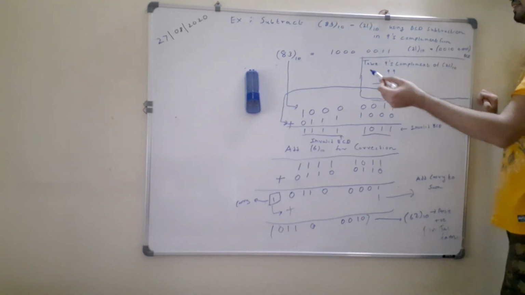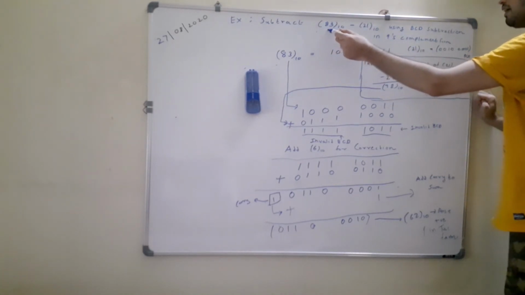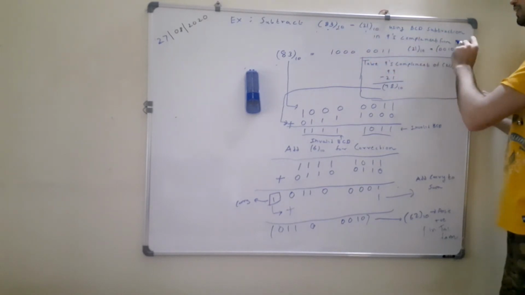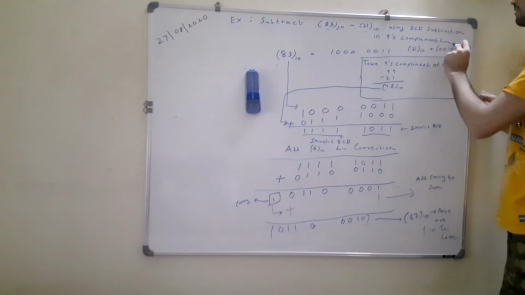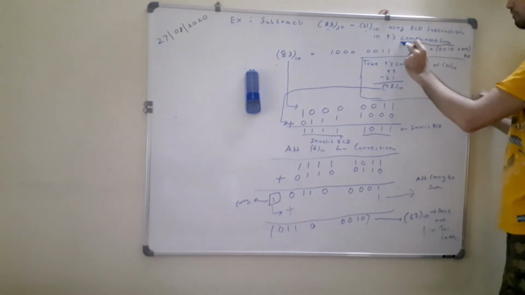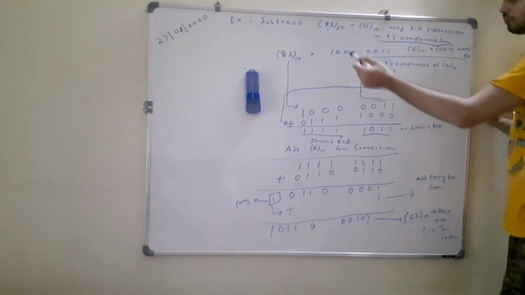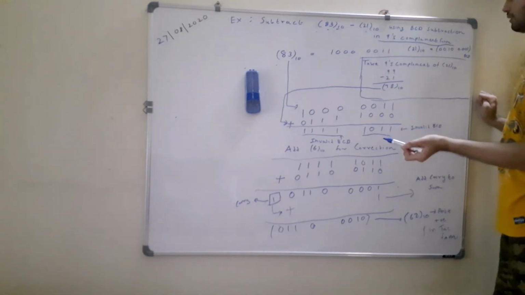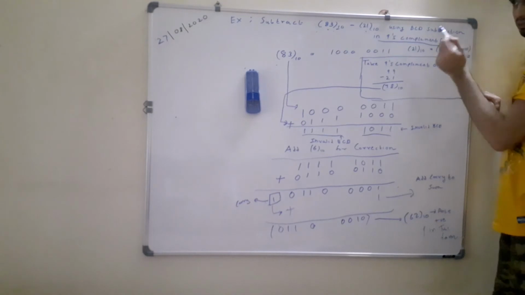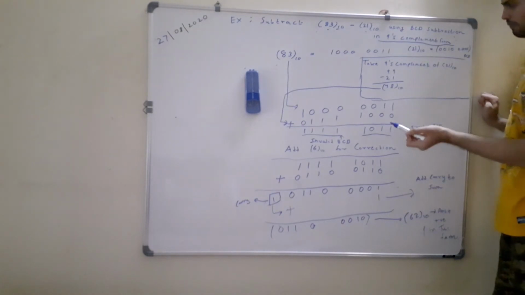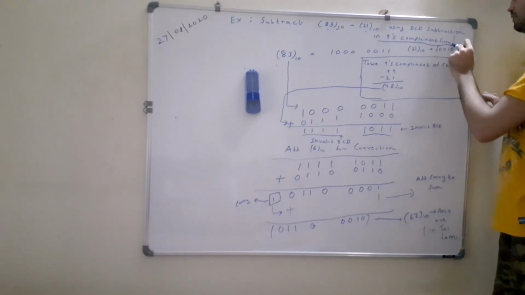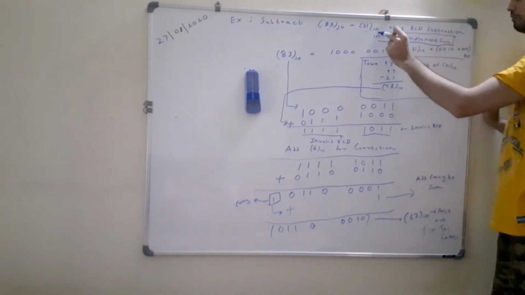Subtract 83 minus 21 using the rules of BCD subtraction, and use the 9's complement type of subtraction for it. We want to subtract two numbers, 83 and 21, which are currently given in the decimal number system, using BCD subtraction. In BCD subtraction there are two types, 9's complement and 10's complement. First we will study how to subtract using 9's complement.